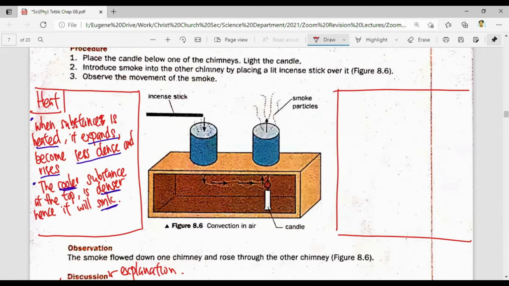Now, once you have this idea that the heated substance will rise and the cooler substance will sink, what is actually happening is that you are setting up what we call this little cycle here. This process will repeat, to set up a convection current.